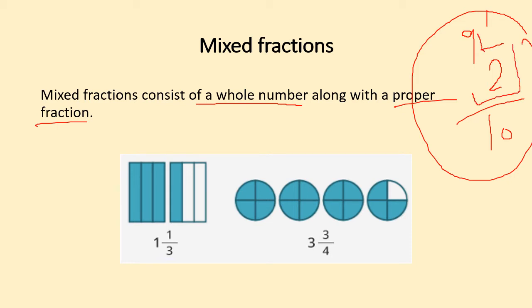We have a whole number and then we have two parts, like it's a combination of a whole number and a proper fraction. In a proper fraction, the numerator is smaller than the denominator. So 9 1 by 2, this is an example of a mixed fraction. So in today's video, we are going to learn more about mixed fractions.